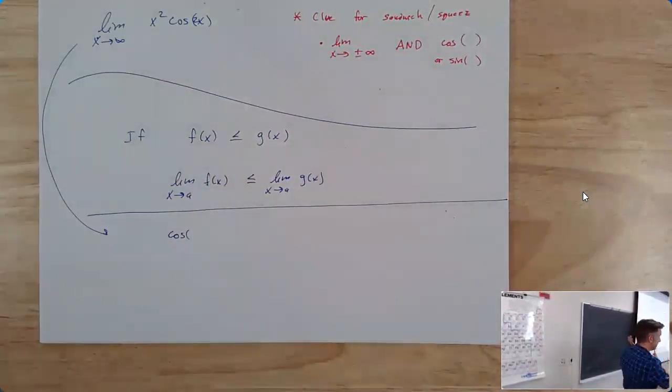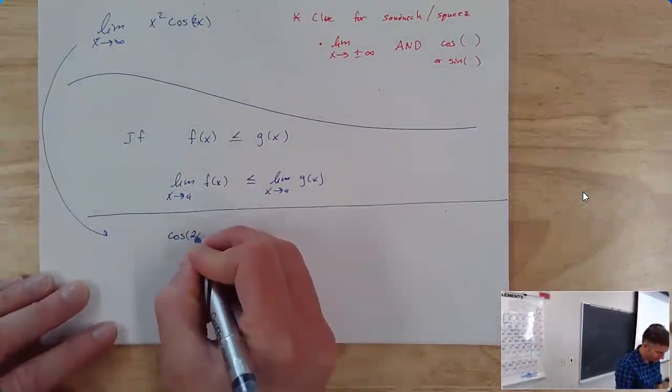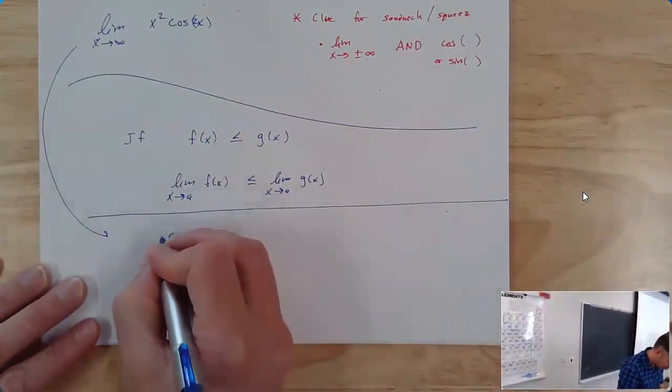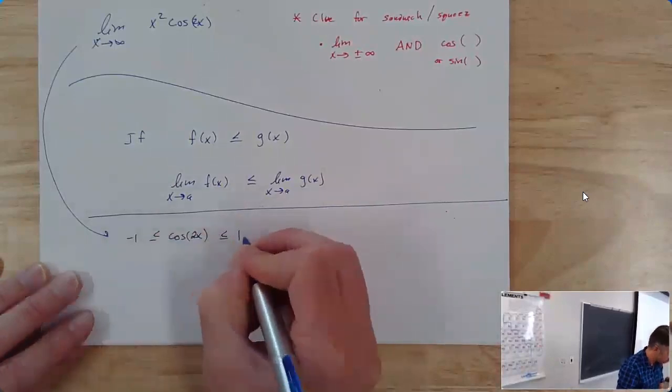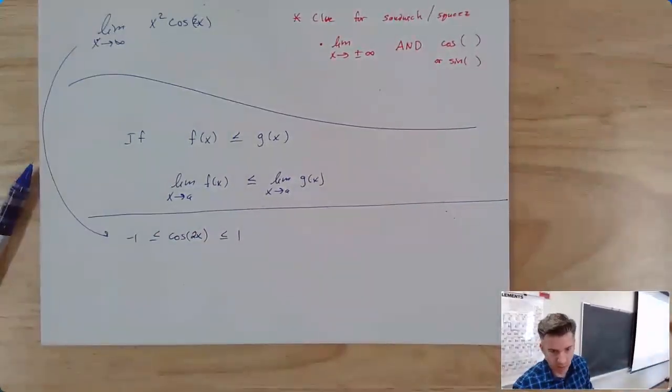Then you have the less nice ones where it's maybe an infinity minus infinity that you have to make into an infinity over infinity with some square roots in it. And then sometimes you have these squeeze theorem ones. So I'm going to start off with saying cosine of whatever is in there, doesn't matter, is always between -1 and 1.